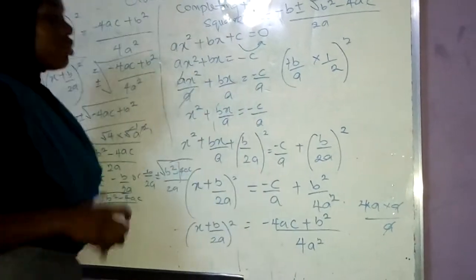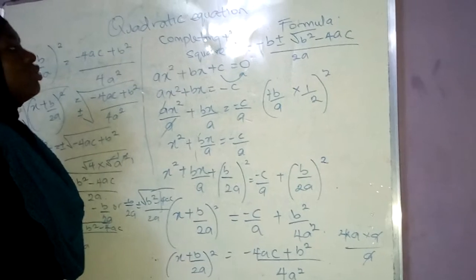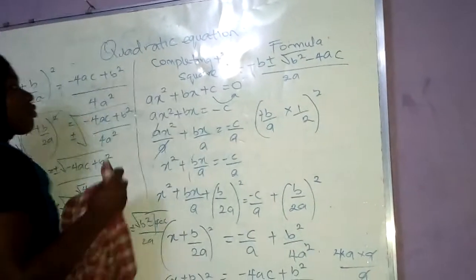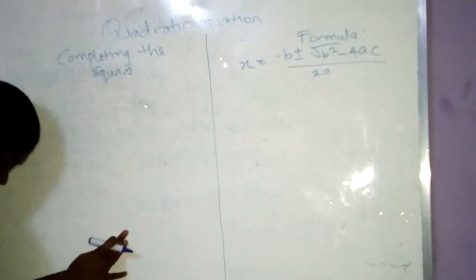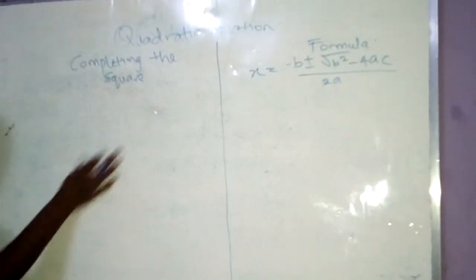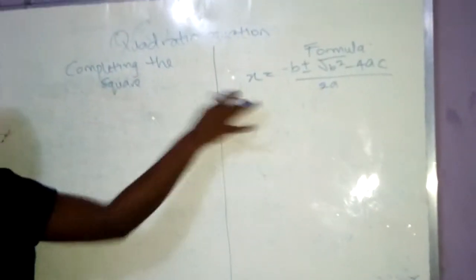Now I want to cite an example. So now I'll give an example on completing the square, the steps, and how I divide.